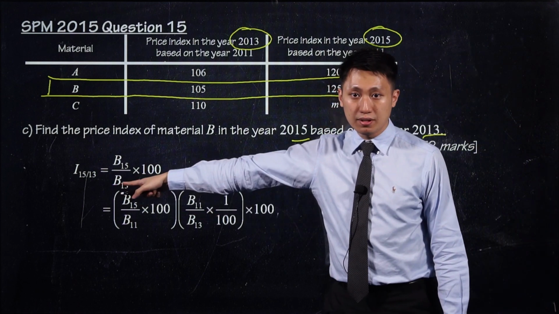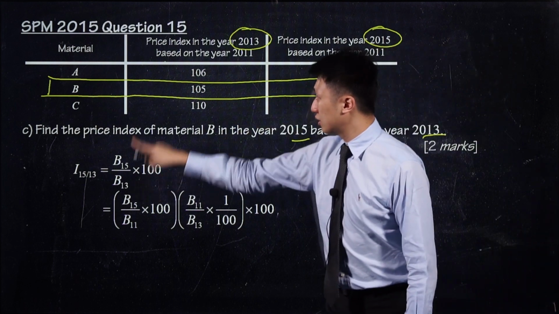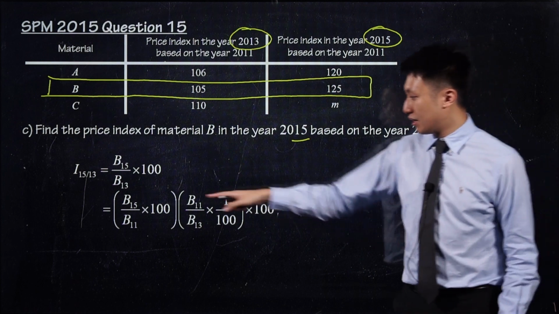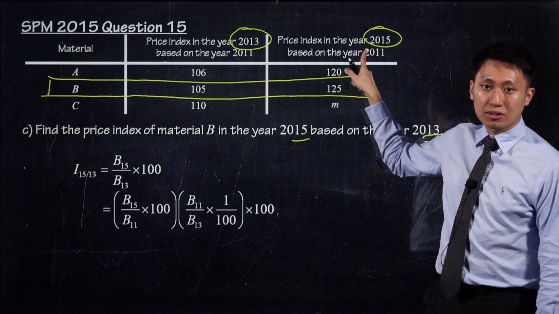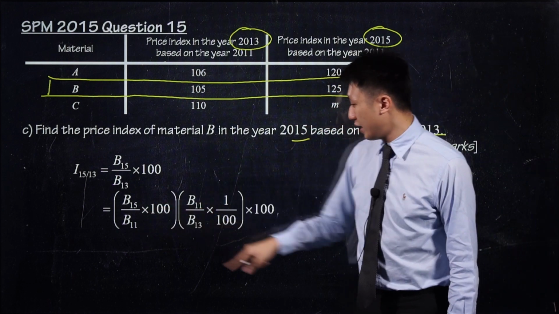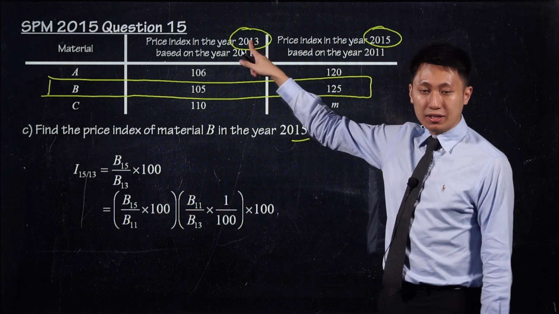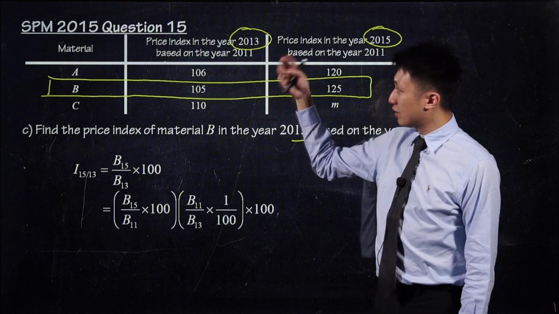Then you see, 15 is only here, 13 is only here. That's why you've got to write down the information given. 15 is here, so I can only divide by 2011, then multiply by 100. Then how about this part over here? This part, I have 13, so I need to make use of this one.